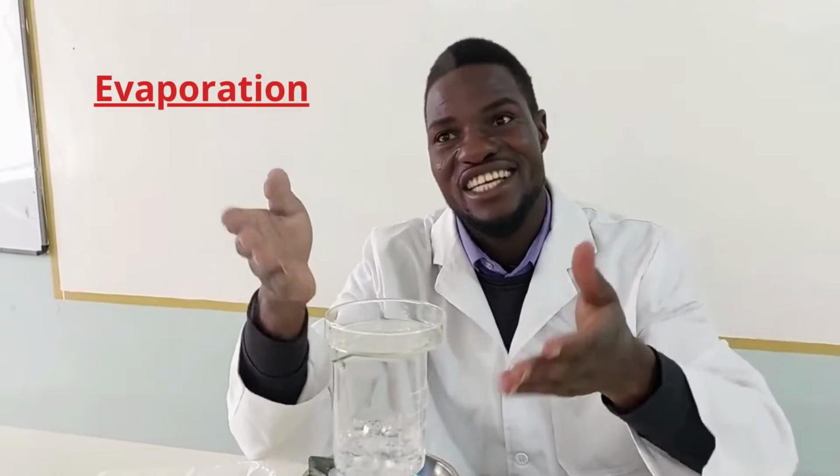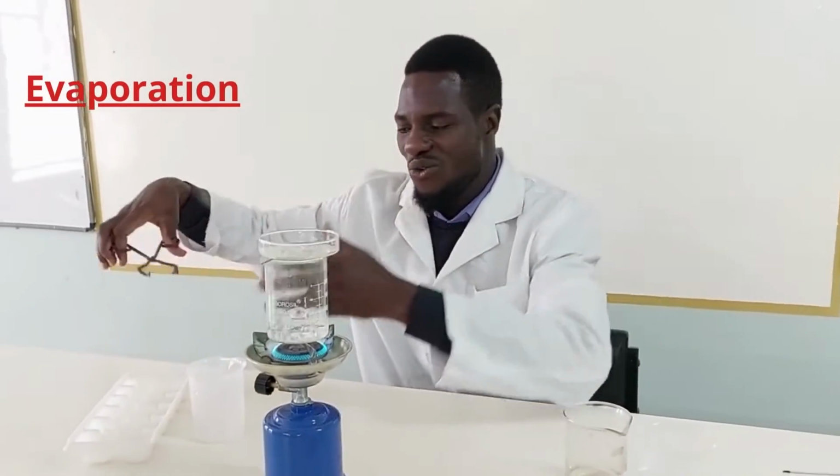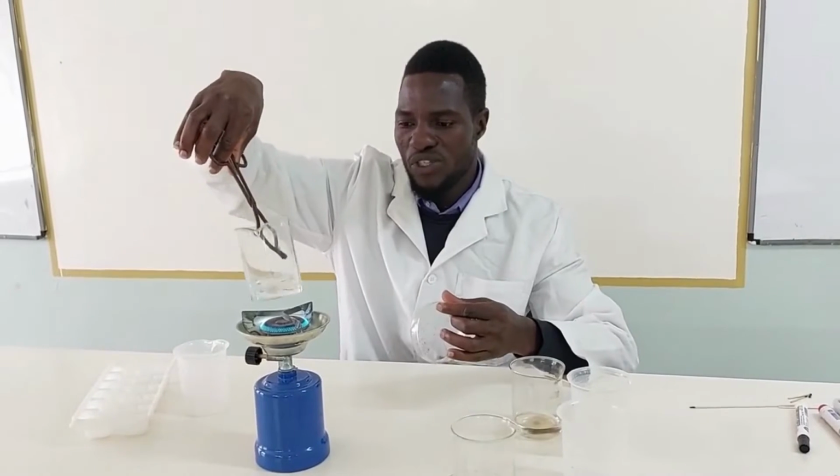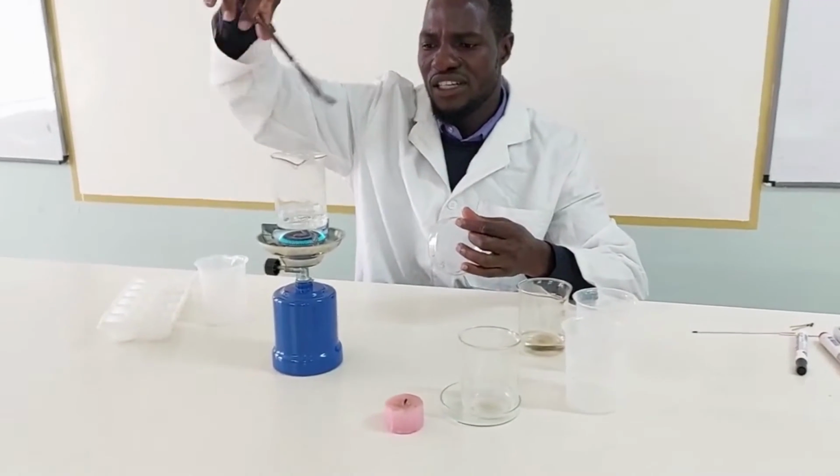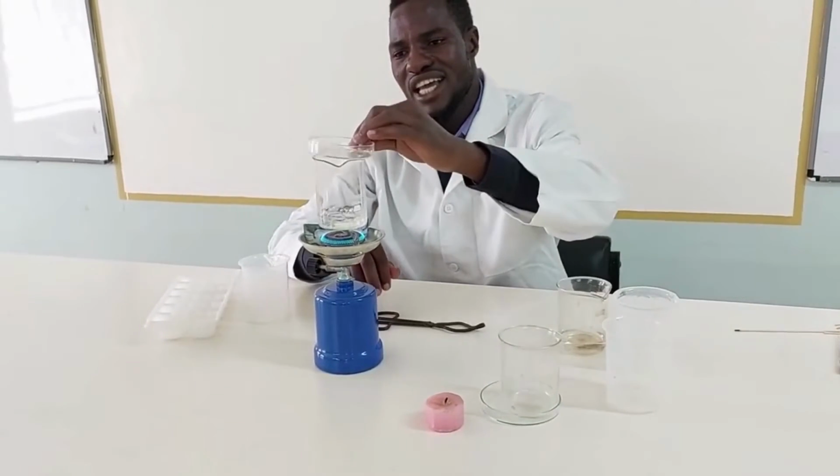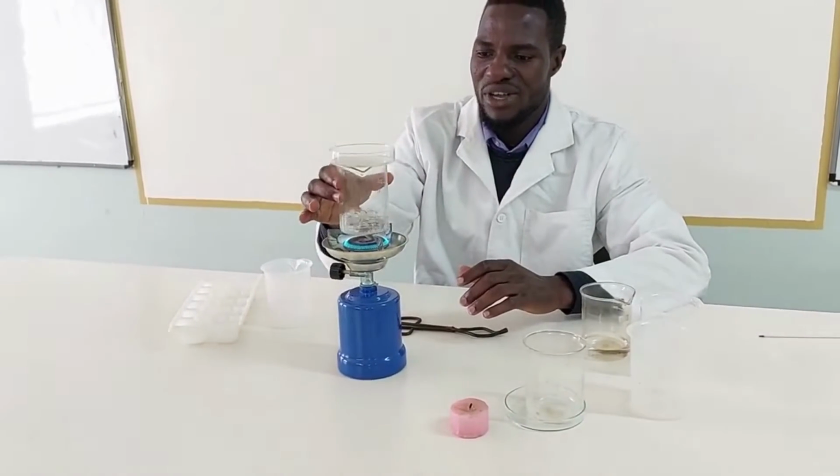So this process where a liquid turns to gas is called evaporation. As you can see, it's evaporating. So you can see how a liquid has gone to gas. That's the evaporation.